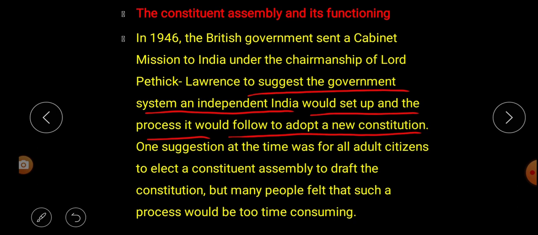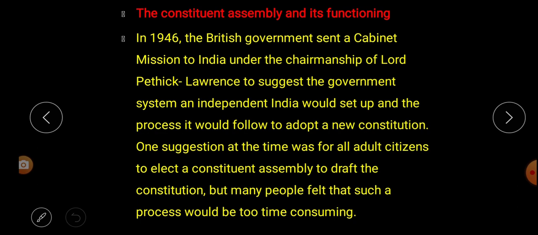Understood? In 1946, the British government sent a cabinet mission to India under the chairmanship of Patrick Lawrence, to suggest how independent India should set up and establish a new constitution.